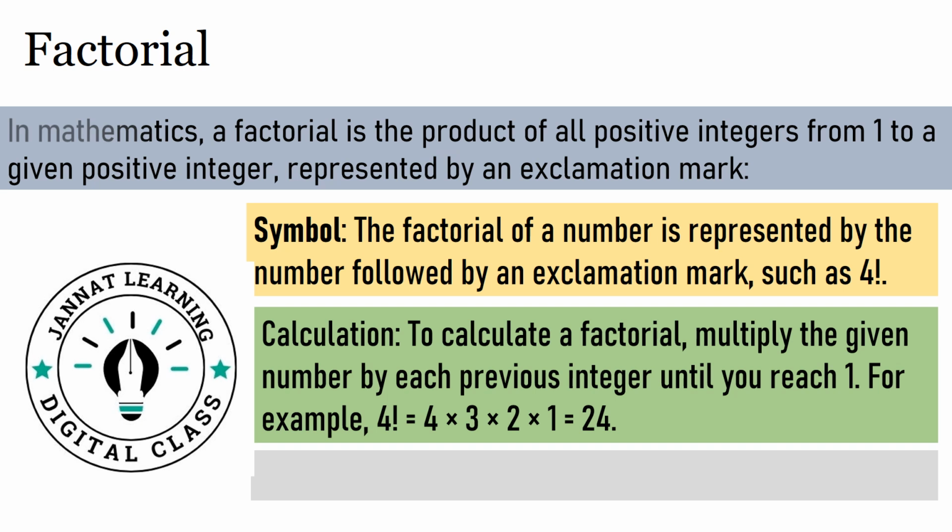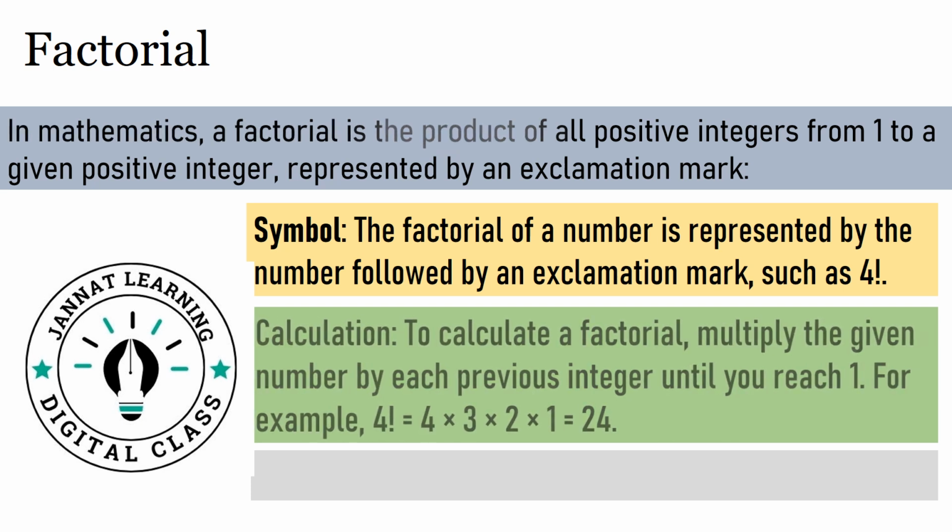In mathematics, a factorial is the product of all positive integers from 1 to a given positive integer, represented by an exclamation mark. Symbol of factorial: the factorial of a number is represented by the number followed by an exclamation mark, such as 4!.